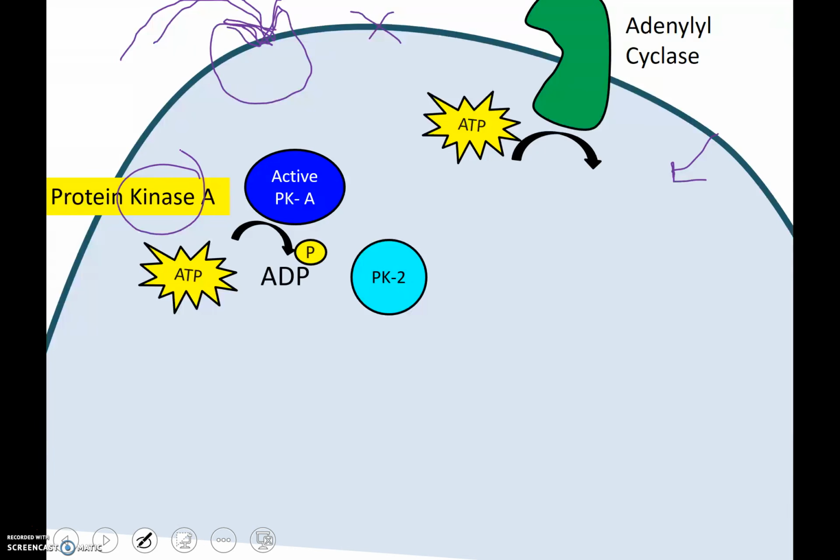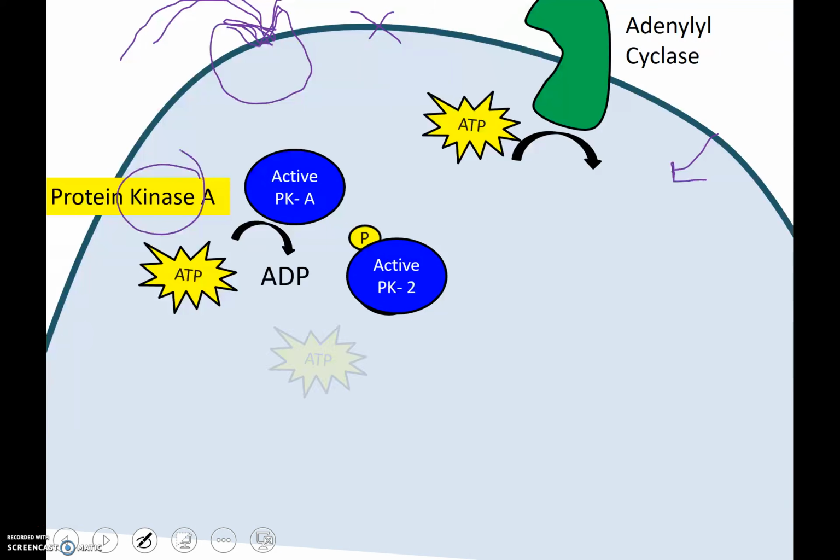They're going to attach that phosphate to protein kinase 2. Now, the cool thing here is that phosphate is interacting with polar or charged amino acids. So when it interacts with protein kinase 2, it causes a conformational change in shape, and now protein kinase 2 is in its active form.